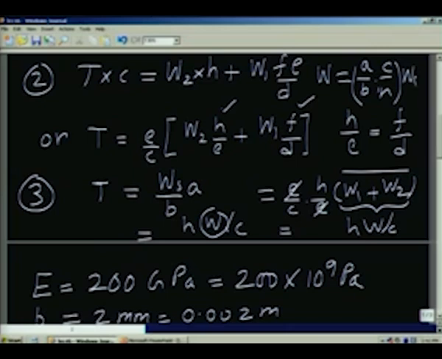So W, which is to be measured, which can be placed anywhere on the platform, is equal to Ws times the product of A by B and C by h. These are all constants, and this A into C divided by B into h is the gauge constant.